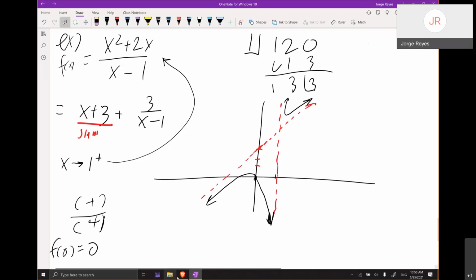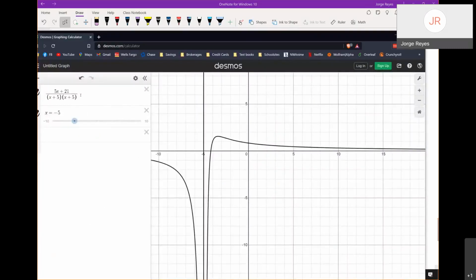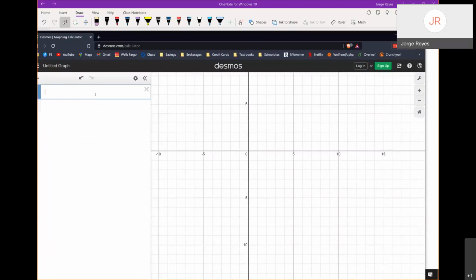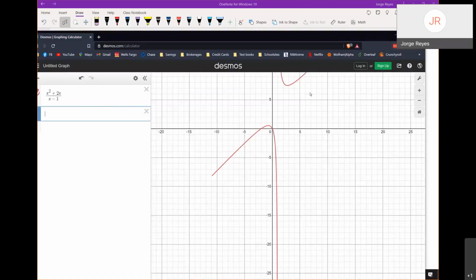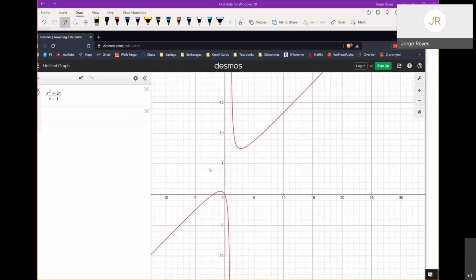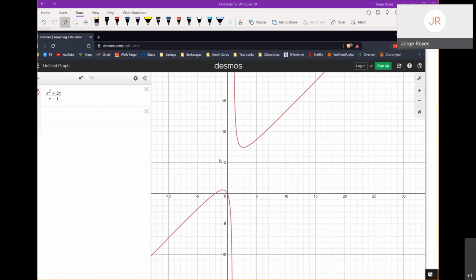And let's plug this one into Desmos and wrap up this section. So this was the fraction x squared plus 2x divided by x minus 1. And we see it looks like what I said. It's this weird kind of curved one.